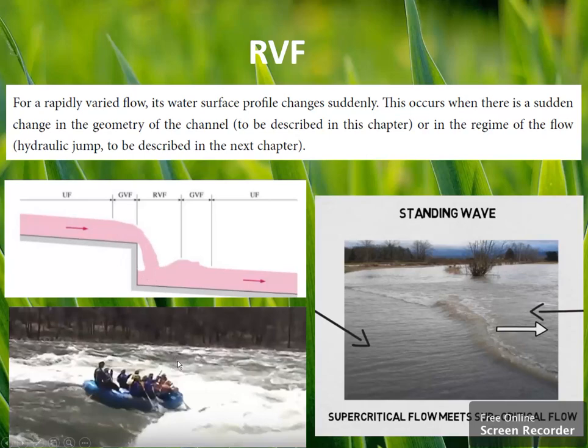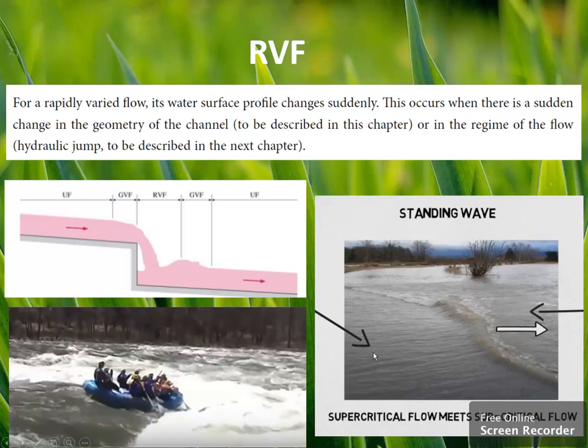The other case for the creation of rapidly varied flow is change in the flow regime. For example, as you see here, a supercritical flow meets a subcritical flow here.